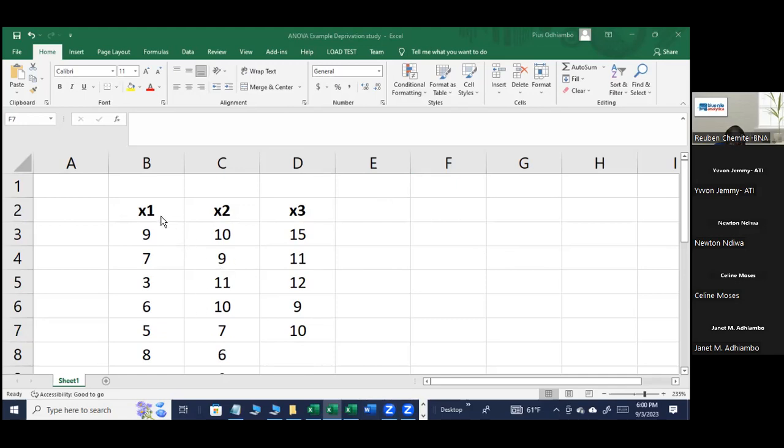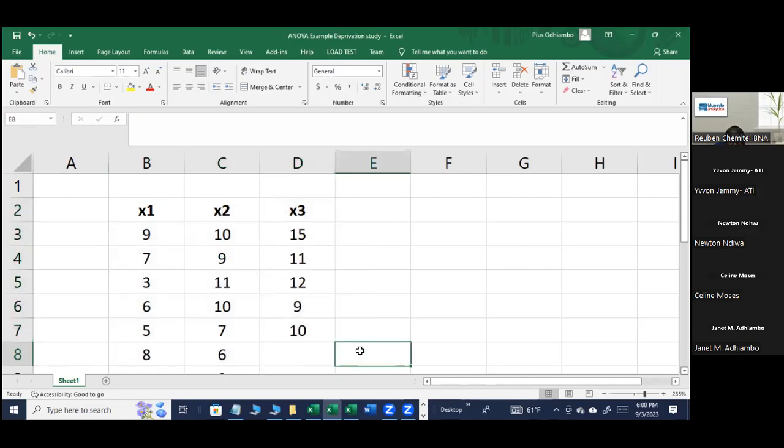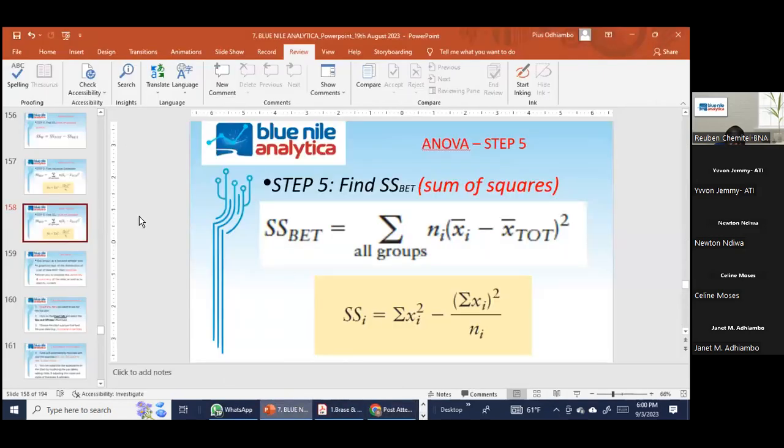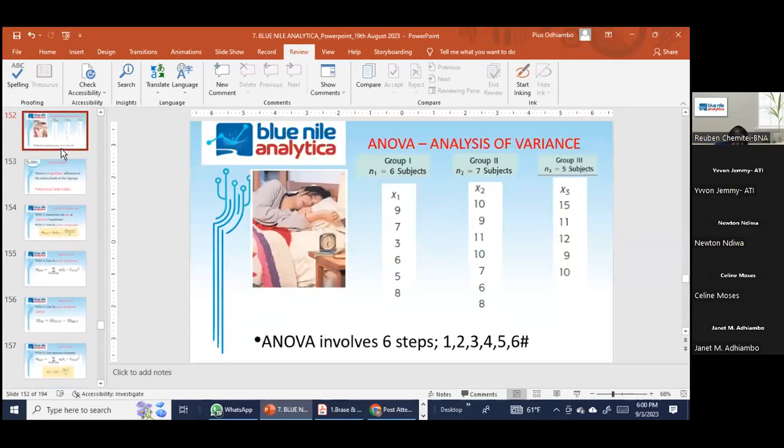Basically what I've done here, this is the data that I have just shared, the scores for the sleep deprivation. I've just keyed in this data into one column, then the next column, then the next column, and I've symbolized them as X1, X2, and X3.